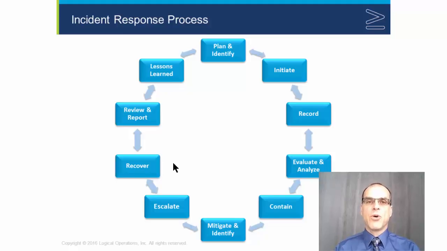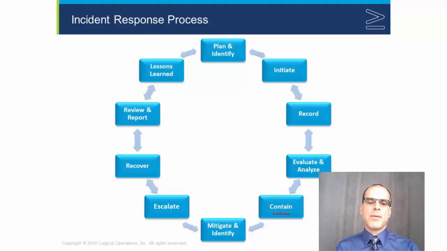We need to record and document the information regarding the incident, all of the details that we can capture, so that we can then move to the phase where we would evaluate and analyze that information so that we can determine, again, the scope and impact of the incident. One of our primary goals, as we've stated many times, is that we want to ensure that we are containing that incident so that it is not going to spread and cause additional harm to the organization.